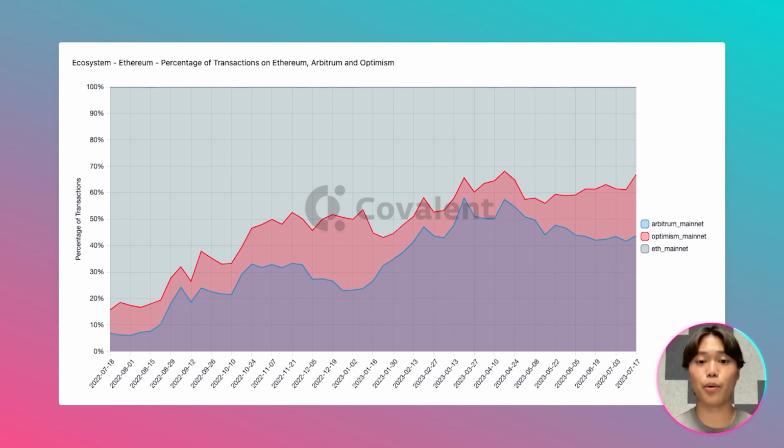An interesting data point here is that Arbitrum and Optimism's total transactions already surpass Ethereum's total transactions, as you can see in the chart here. This basically means that users are using these rollups way more than Ethereum mainnet for everyday transactions and transfers because it's cheaper, faster, more scalable. And this trend proves the remarkable modularization of Ethereum and that it's actually working.